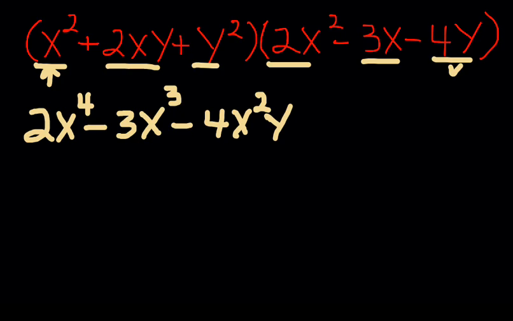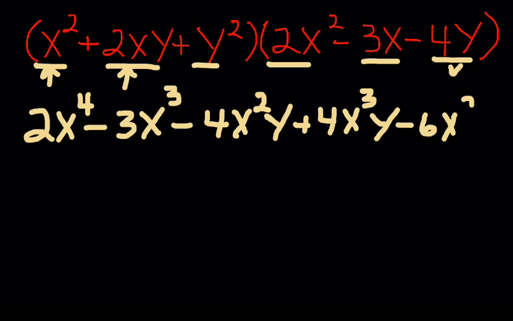Now I do the same thing for the second term in the first polynomial. 2xy has to be multiplied by everything. 2xy times 2x squared is 2 times 2 is 4, x to the third y. And then 2xy times negative 3x is negative 6x squared y.